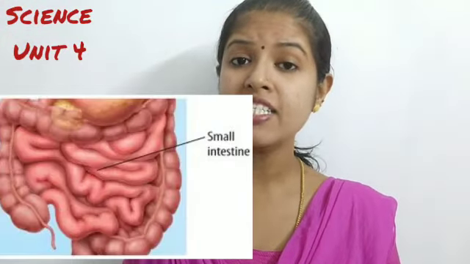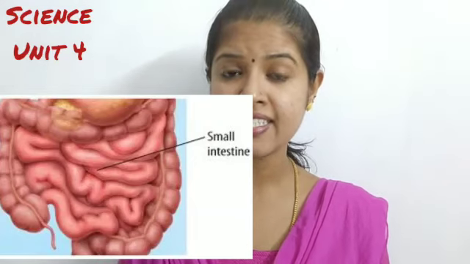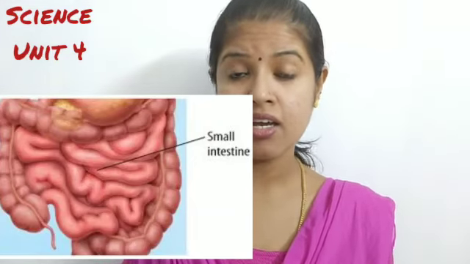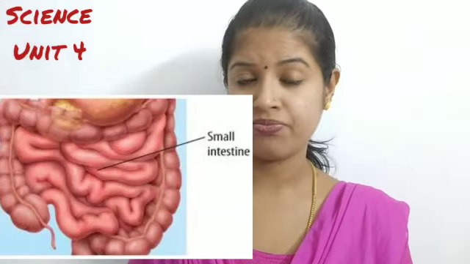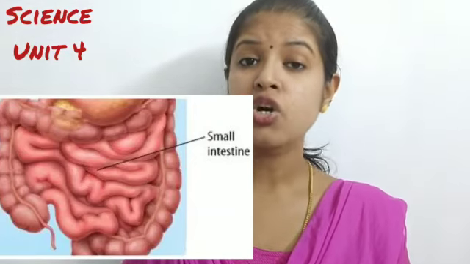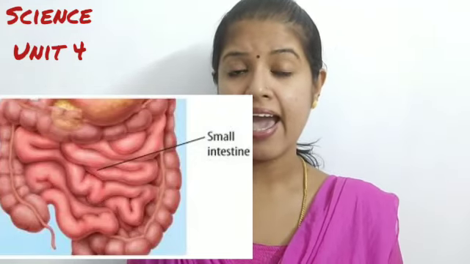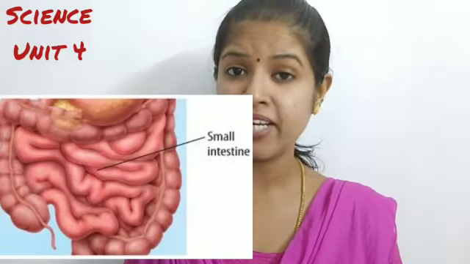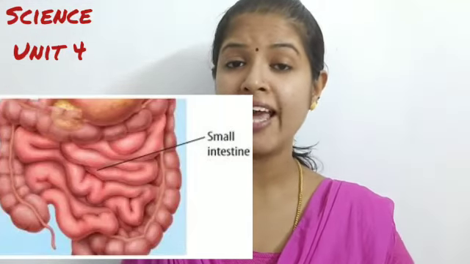So the longest part of the alimentary canal is the small intestine, which is 6 meters long, but it is seen in the coiled form. So the food passes into the small intestine, where the digestion is completed and all the nutrients of the food are absorbed into the blood.